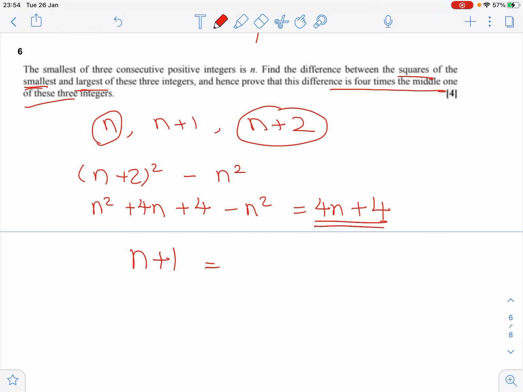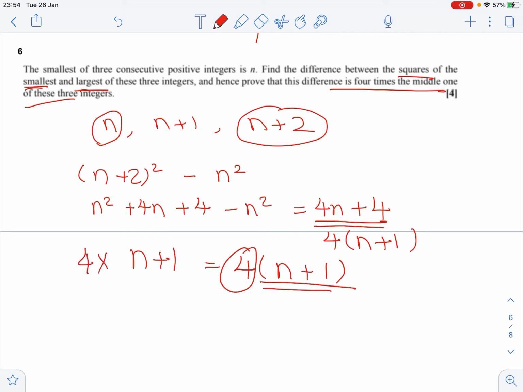And if we factorize this, this is 4 bracket n plus 1. So we just proved it, that it's 4 times the middle number. So this is your middle number, and it's 4 times this.